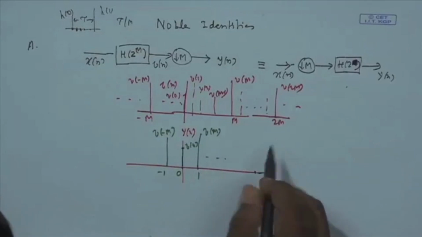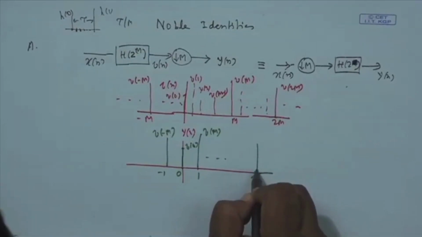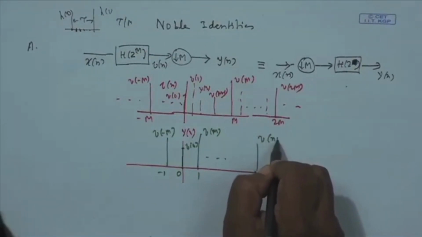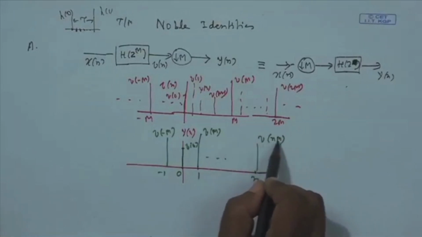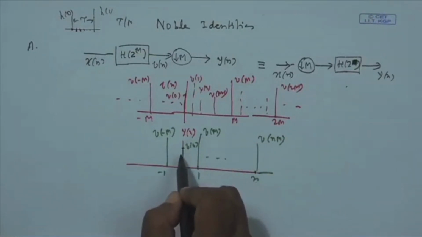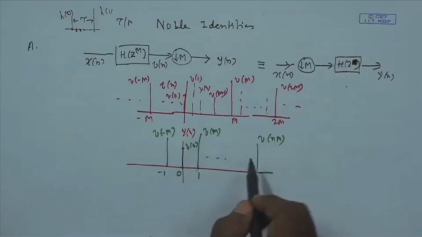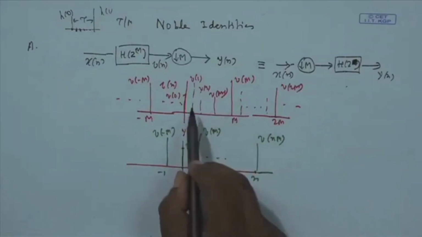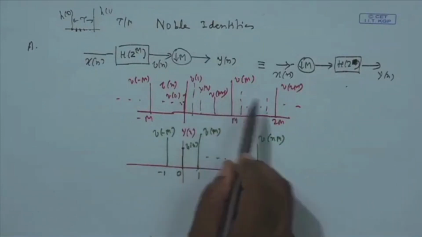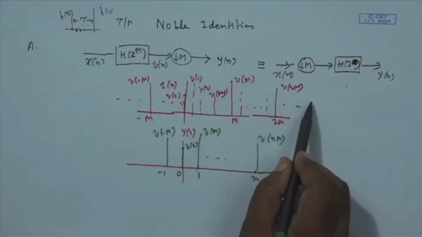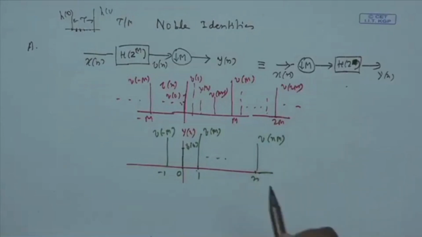That means, the nth point will be v n into M. So, at n equal to 0 v 0, n equal to 1 v M, like that. Okay. That is what I am saying. 0 is the sample, then Mth is first, 2Mth is second, 3Mth is third, nMth is nth, all right.